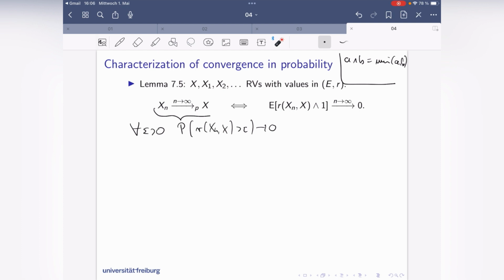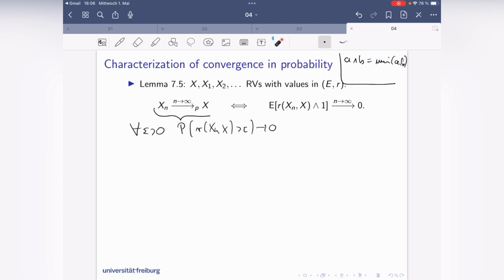Which, for example, means that 1 is a dominating function for this thing in the expectation. And this goes to 0 if and only if Xn goes to X in probability.